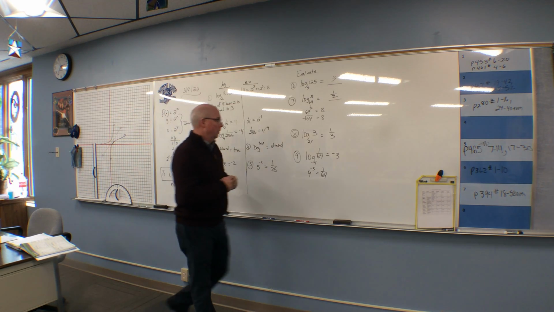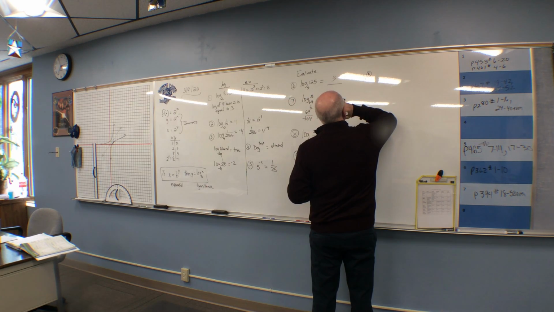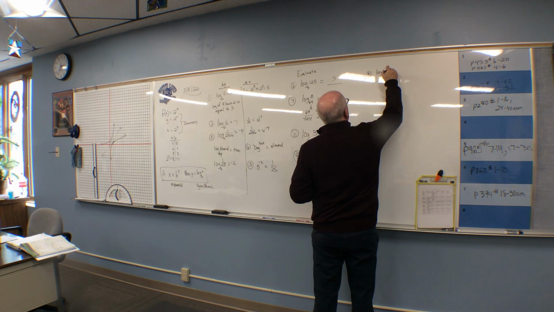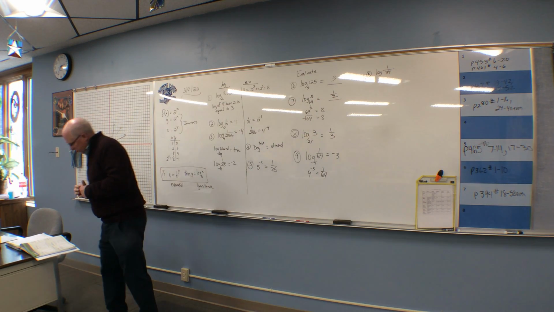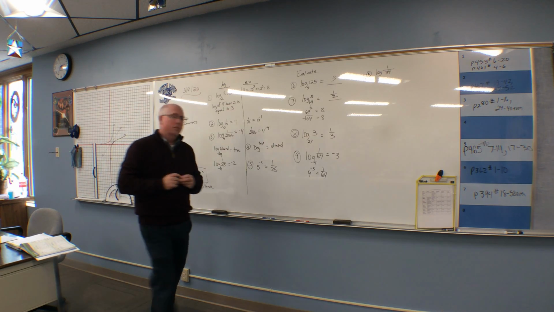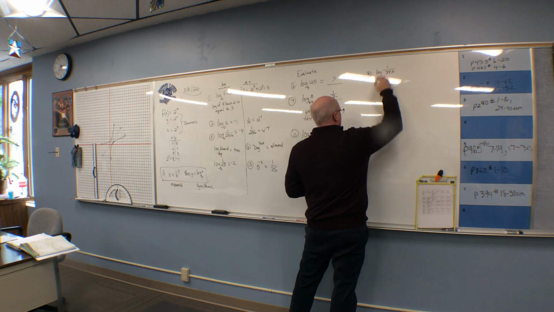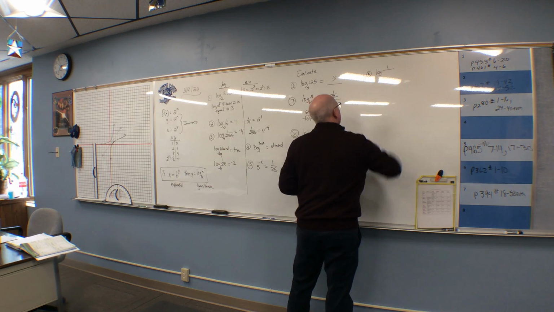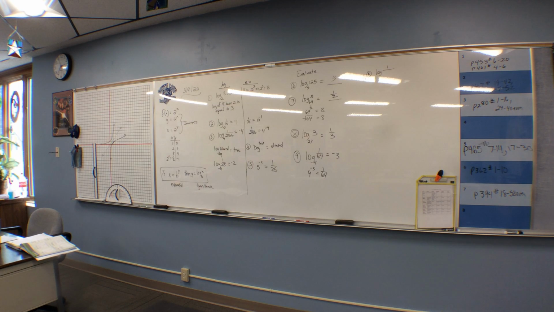All right, so let's try another one. The log of 1 over 343 base 7. I can't do it in my head. Let me grab a calculator real quick. Shows you how much good my brain's working today.